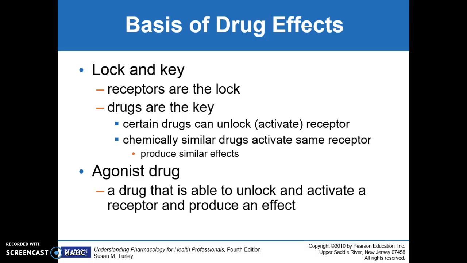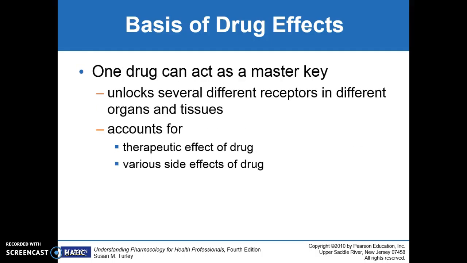So the whole idea of the lock and key is really essential to understanding how a drug works in the body. Now, one drug can act as a master key, so it can do more than one thing at a time. We have lots of different types of locks. They talk about those in this particular chapter as well, and then what works on those particular locks.